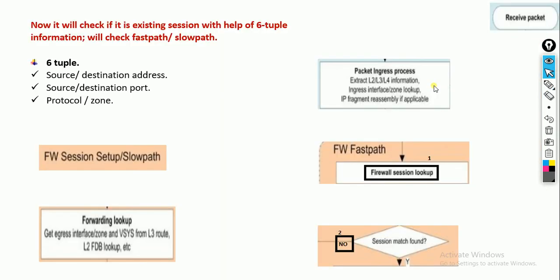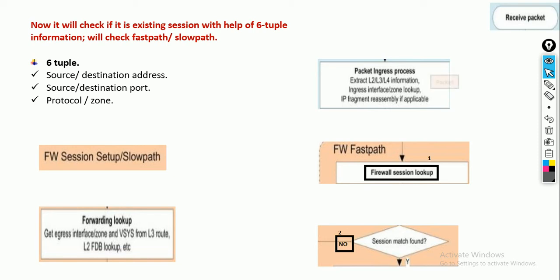Okay, let's move on. What is the next? So here the packet is received, information is extracted, it went to the fast path, it has checked the session, it came to know the session is not matched, and will go to the slow path. In the slow path, as we have seen, there are some lookups. So the first lookup is the forwarding lookup. Forwarding lookup happens for finding the egress interface.